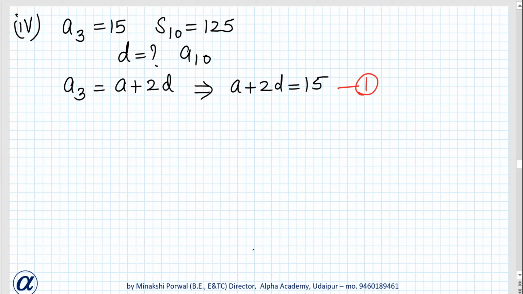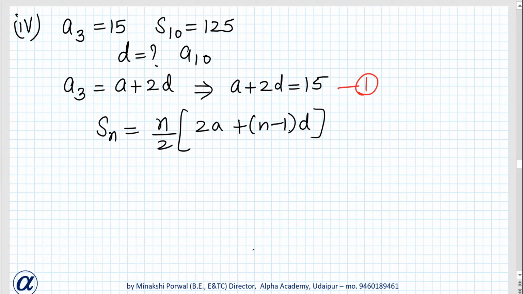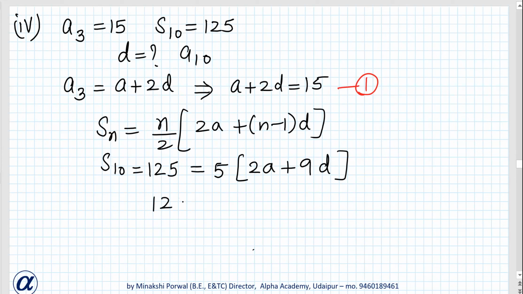This is the first equation. Now S10 is given. Sn equals n by 2 into 2A plus n minus 1 D. So S10 is 125 equals n by 2, n is 10, that is 10 by 2 is 5, into 2A plus 10 minus 1, that is 9, D. Okay, so 125 upon 5 equals 2A plus 9D.